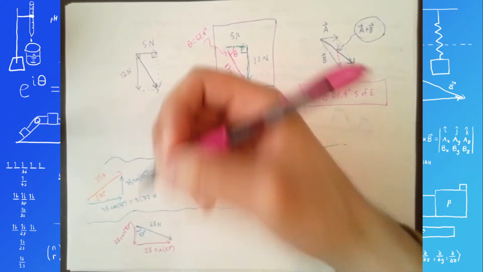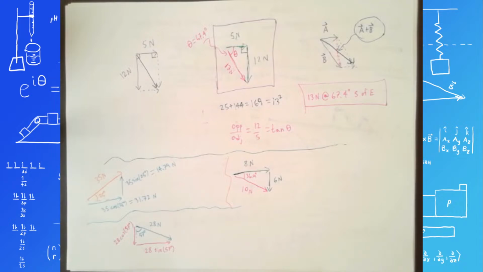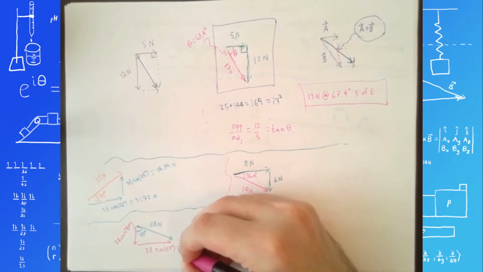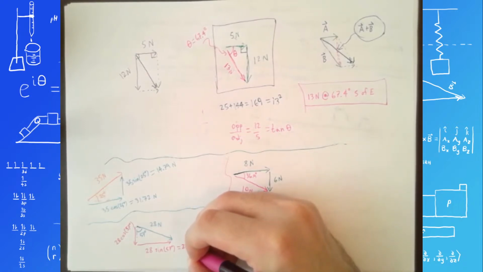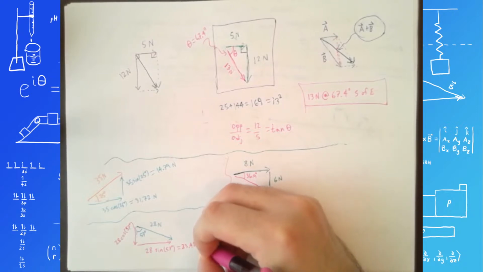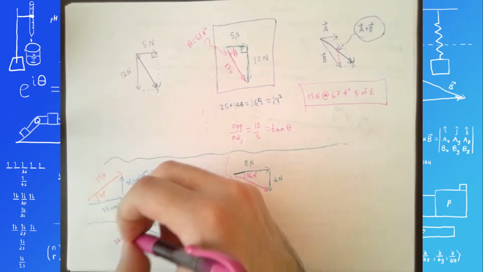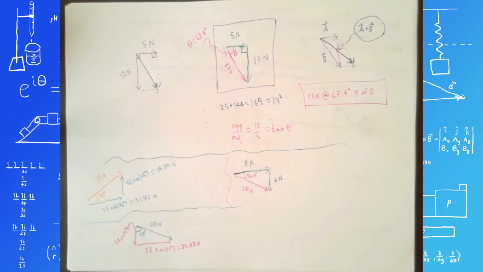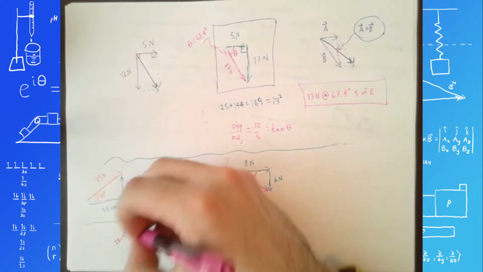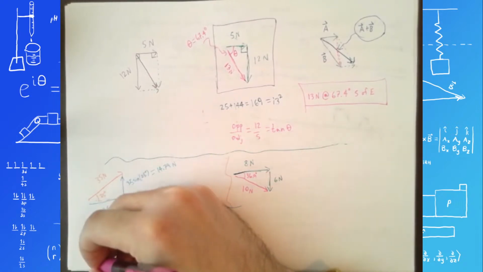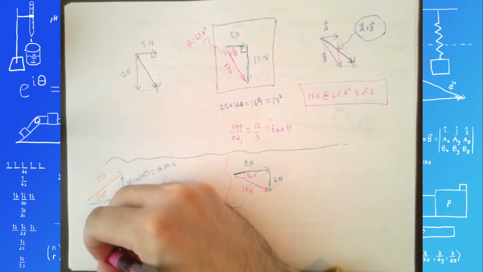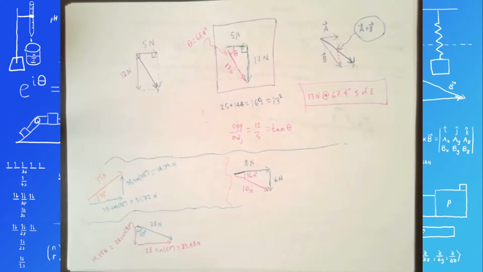57 degrees. Okay, so 28 sine 57 gets me about 23.48 newtons, and 28 cosine of 57 gives me 15.25 if I round it. 15.25 newtons.